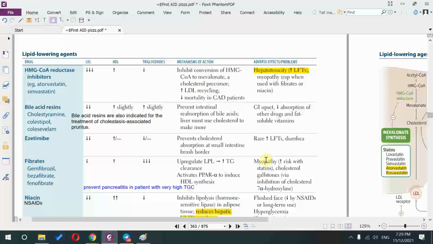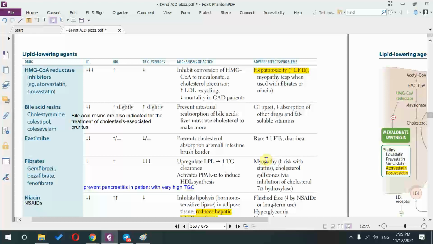But what is the most important thing in this page? The most important thing is to appreciate that the triglyceride will be the most decreased in this case. They will reduce the triglyceride the most. How? By upregulating the LPL, which is the lipoprotein lipase we spoke about, which increases the triglyceride clearance.